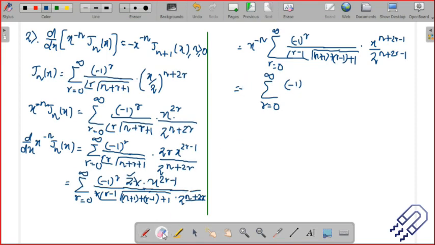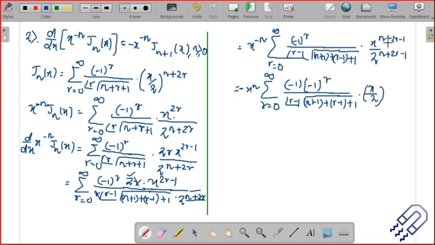So this is minus of x to the power n, and then this is minus 1 into minus 1 to the power r already there, divided by factorial r minus 1 comma n plus n plus 1 into plus of r minus 1 plus 1 into x divided by 2.